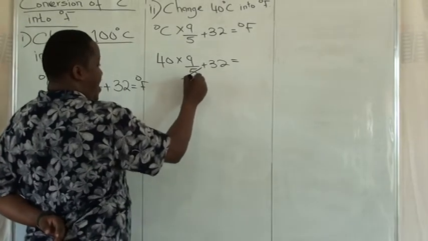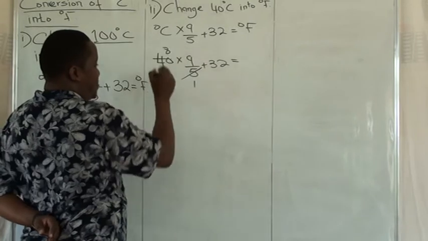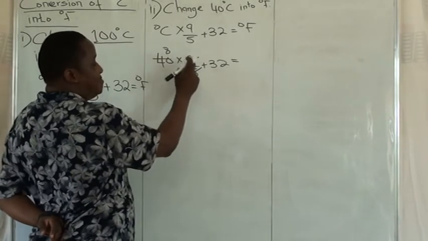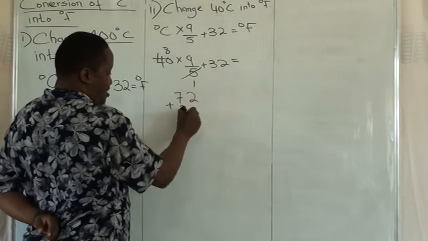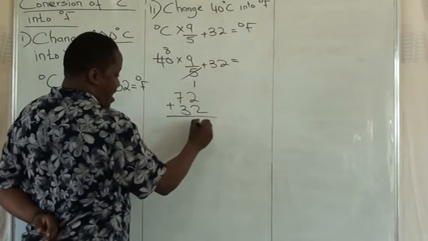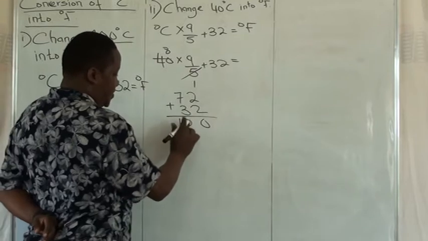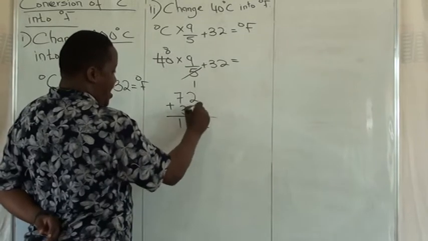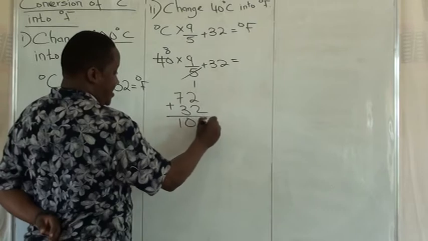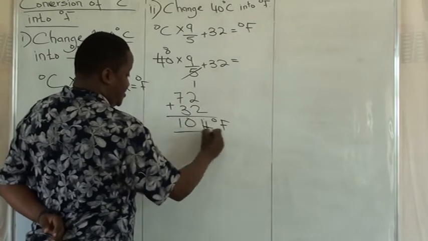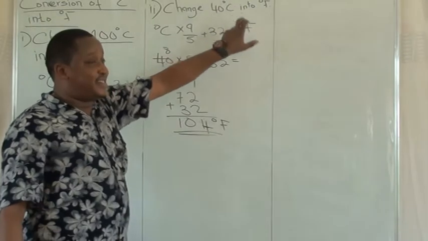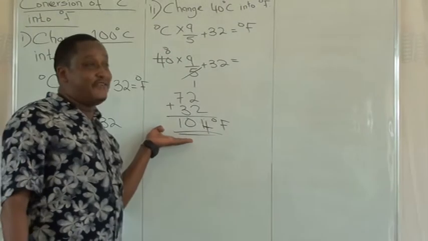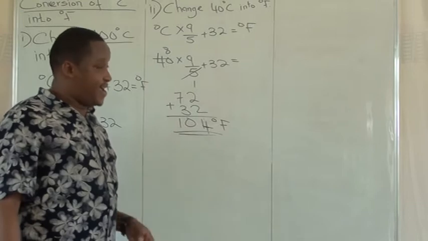So you cancel 5 into 40, you end up with 8. You multiply 8 by 9, you get 72. And then you add your 32. What do we have? 104. So 40 degrees centigrade is equivalent to 104 degrees Fahrenheit.